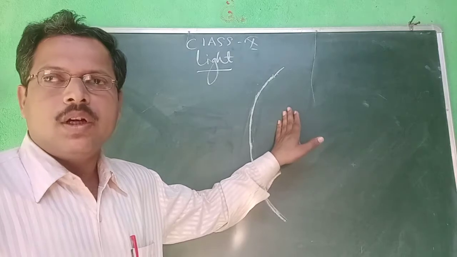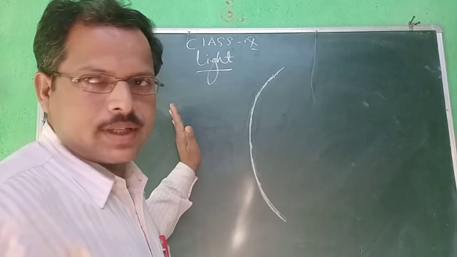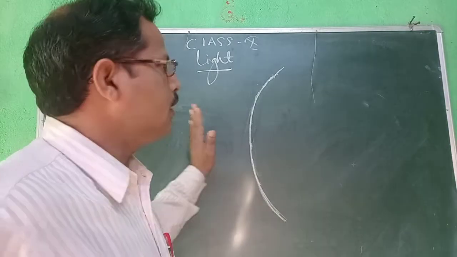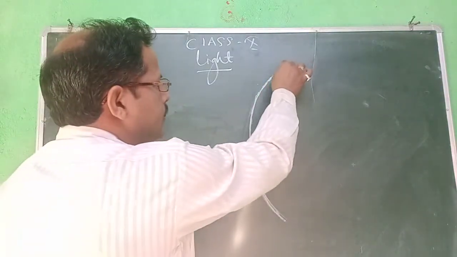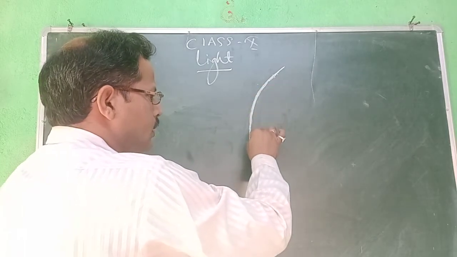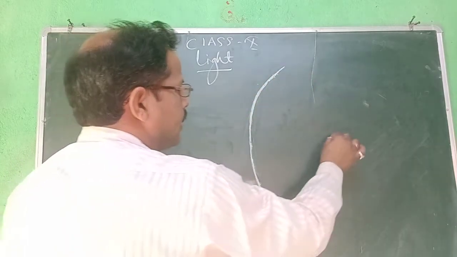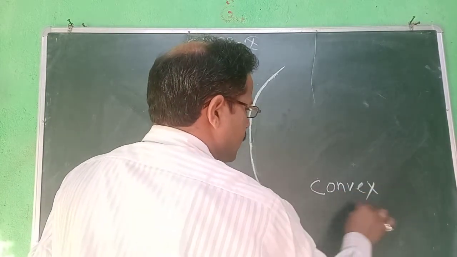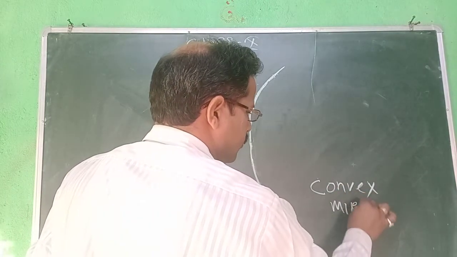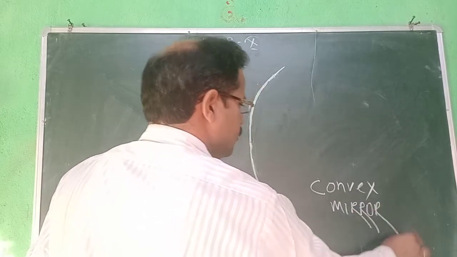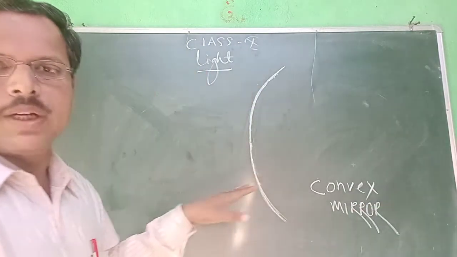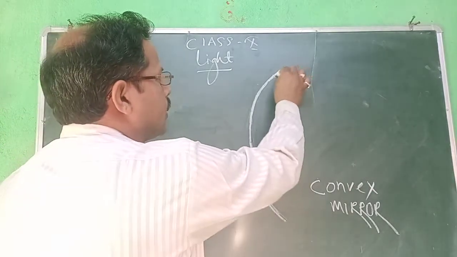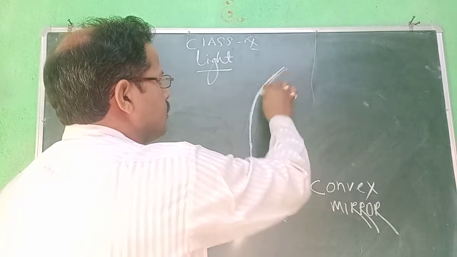The light comes from the left side, not from the right side. This is a spherical mirror, the convex mirror, and this back part is silver coated.